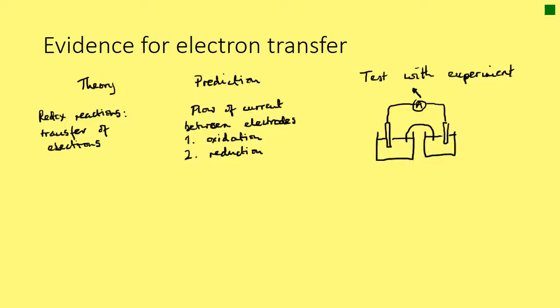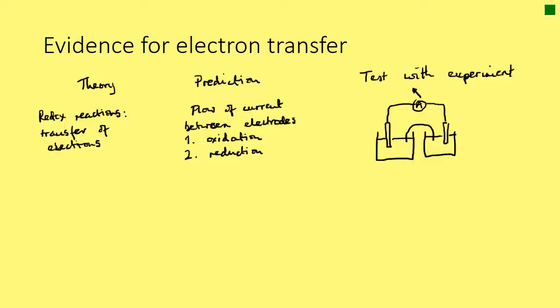So that's our prediction: flow of current between electrodes, where at one electrode an oxidation reaction happens, and at the second electrode a reduction reaction happens. So if we predict that a current will flow when we get these reactions happening at the electrodes, then that might support our theory that redox reactions involve the transfer of electrons.